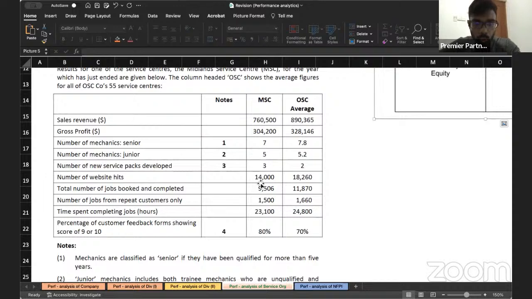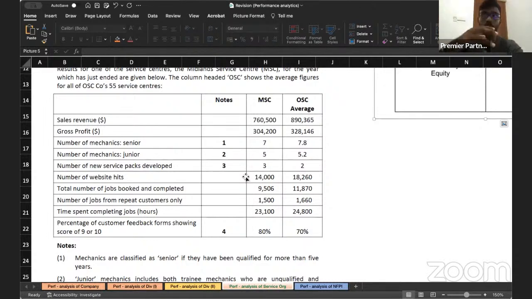How do I explain that, people? So, a lot of people visit your website. 14,000 people have visited. Out of that, 9,500 have actually booked and gotten the service.